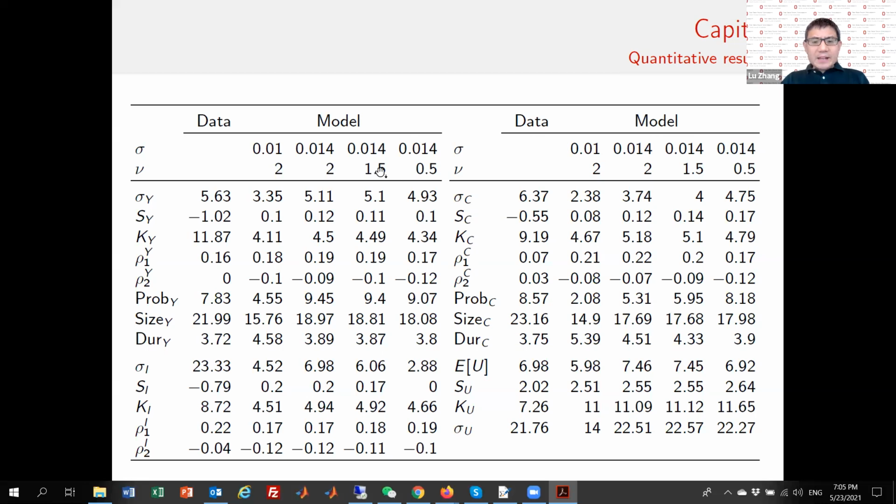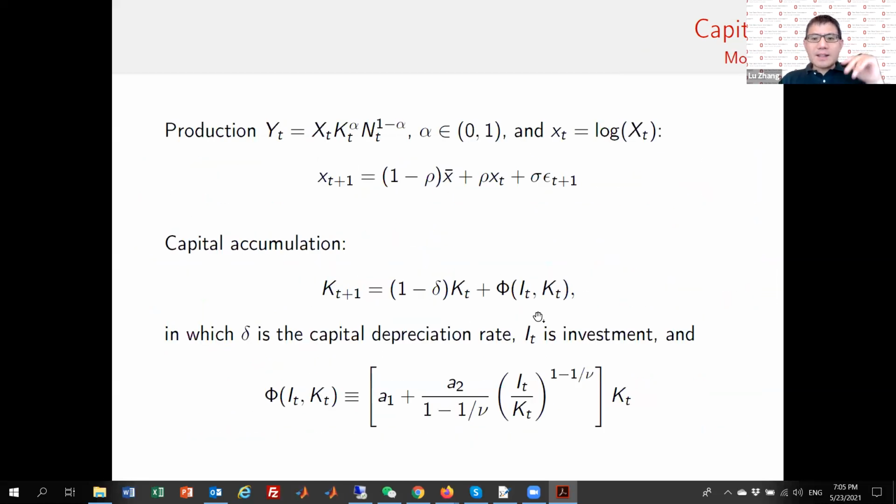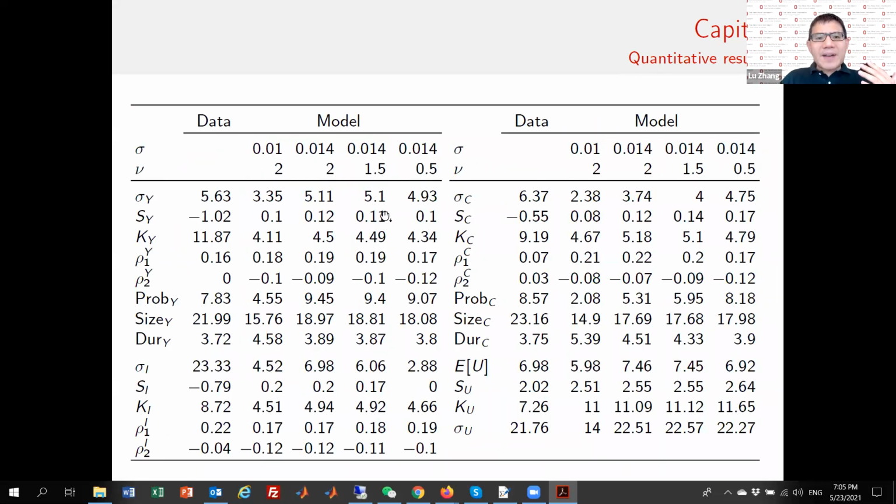In the remaining 2 columns, we reported 2 comparative statics, just 2 different parameter values. So this new parameter, nu, in the installation function is the supply elasticity of capital. A lower value of nu means there are more adjustment costs in adjusting your capital stock.